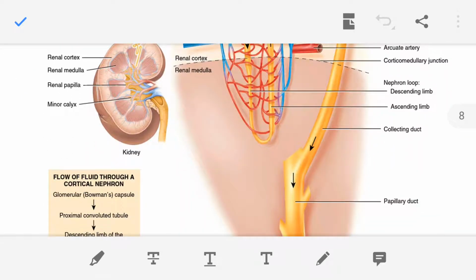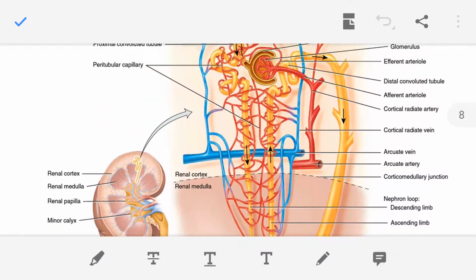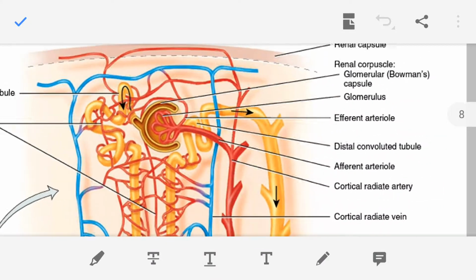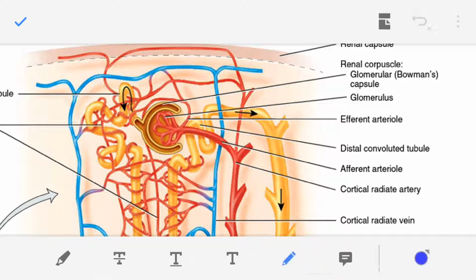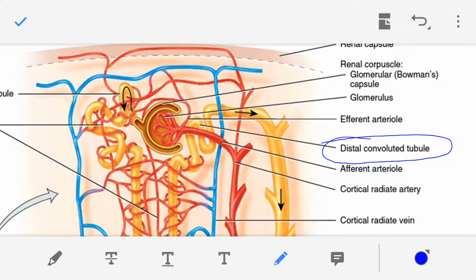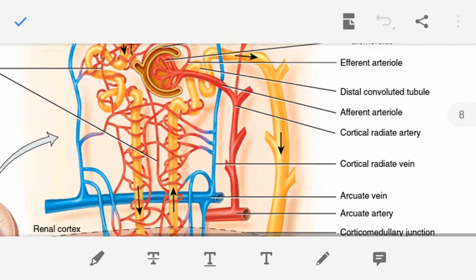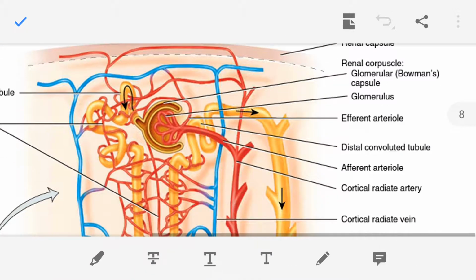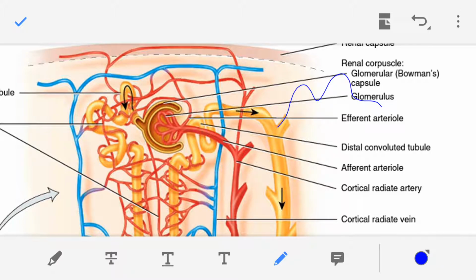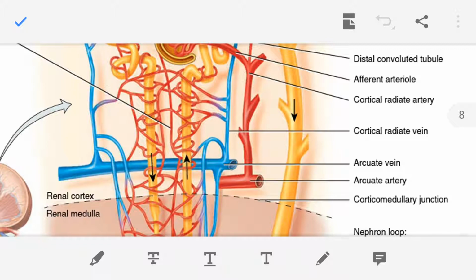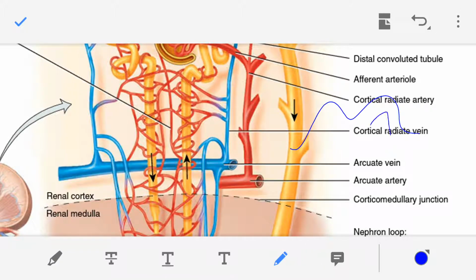In this figure, over here you see the distal convoluted tubule opening into the collecting duct. Here one DCT is opening, here the DCT of another nephron, then here also another DCT.